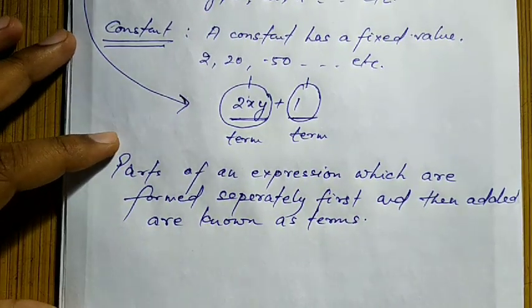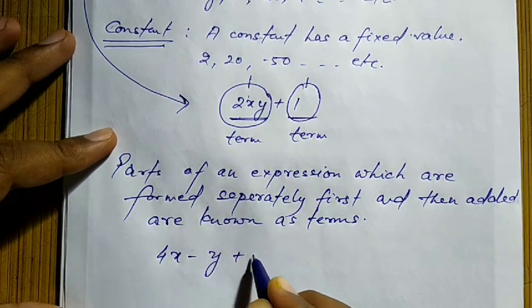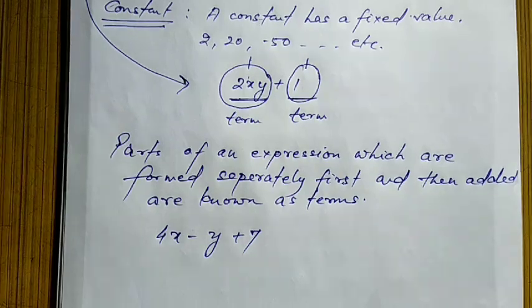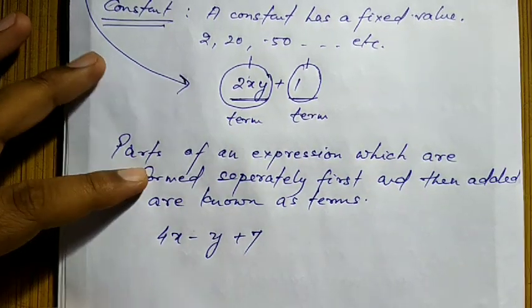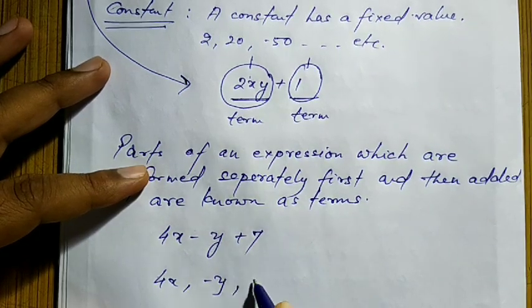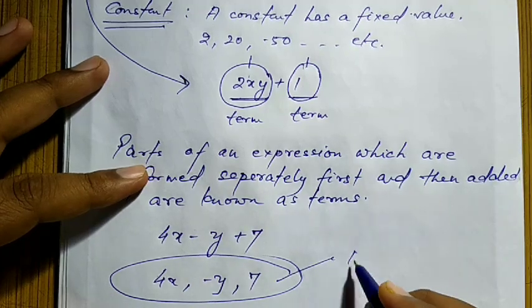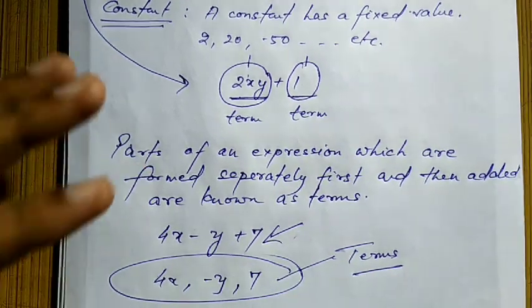Suppose I write 4x minus y plus 7. How many terms are in this algebraic expression? There are 3 terms. Which are they? 4x, minus y, and 7. So these are the terms in this algebraic expression.